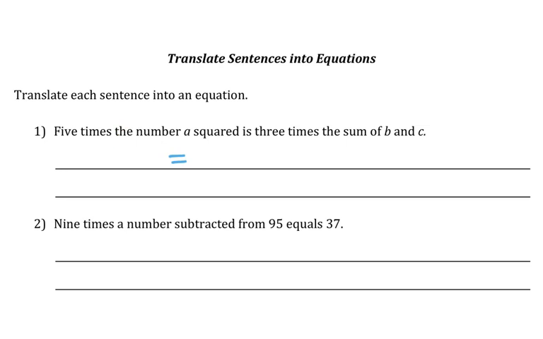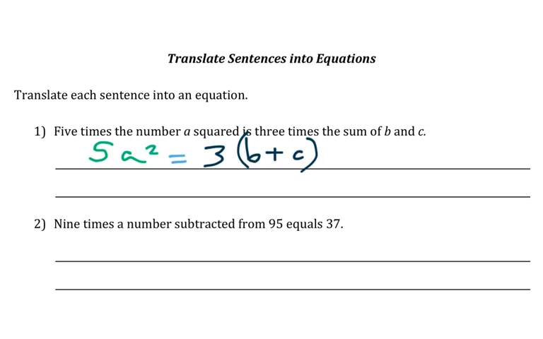So that just means I'm going to take a number, square it, and then I'm going to set that equal to 3 times the sum of b and c. Well, the sum of b and c is b plus c. And if I want to make sure I multiply times both of those pieces, I have to make sure that it says 3 times that. So there's 5a squared is 3 times the sum of b and c.